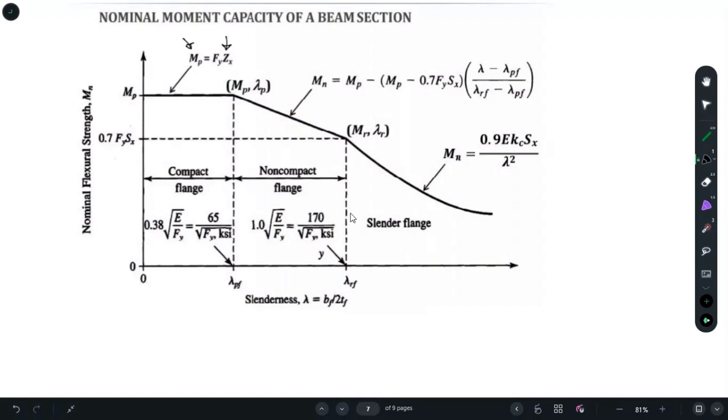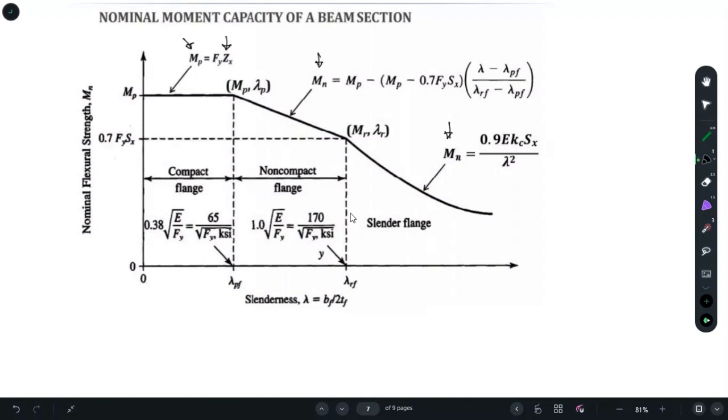You have another equation to find the moment, and another one. We call Zx the plastic section modulus, if I'm not wrong.